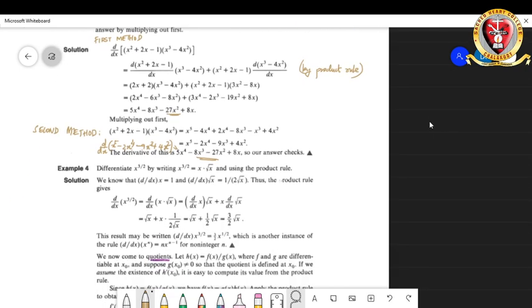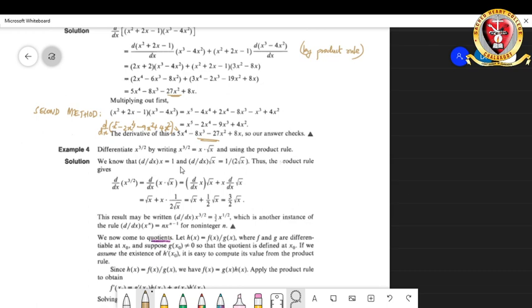Now example 4 asks us to differentiate x raised to 3 by 2 by writing x raised to 3 by 2 as x into x raised to 1 by 2. Root x is x raised to 1 by 2. So you have to differentiate it. For that, first we are writing the derivative of x is 1 and the derivative of root x is 1 by 2 root x.